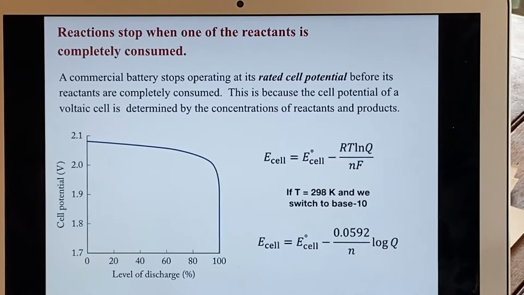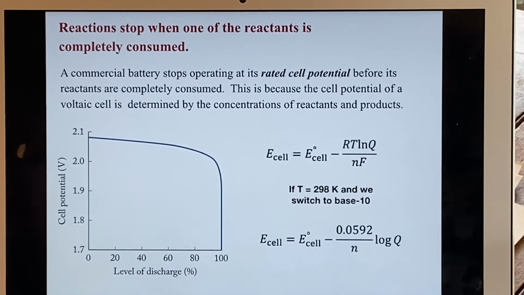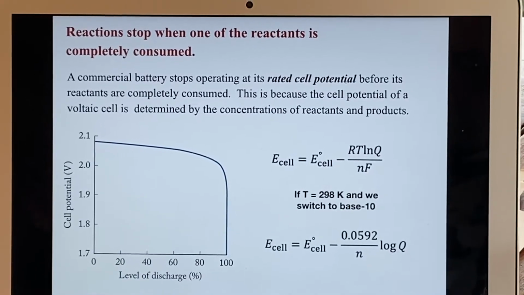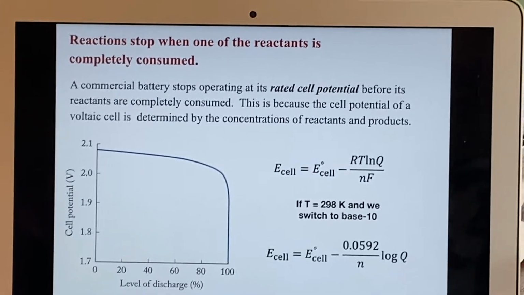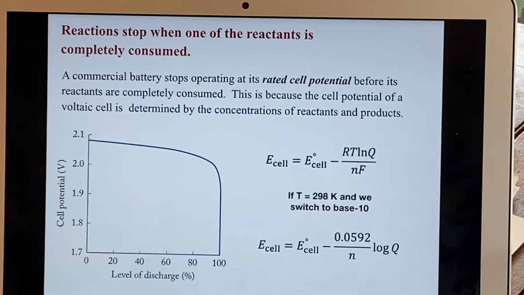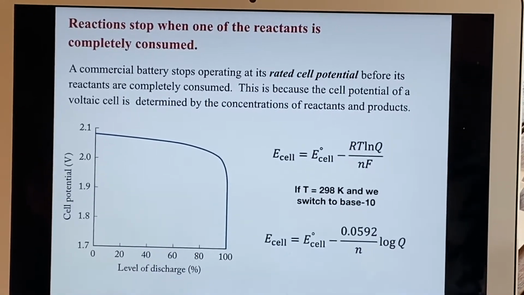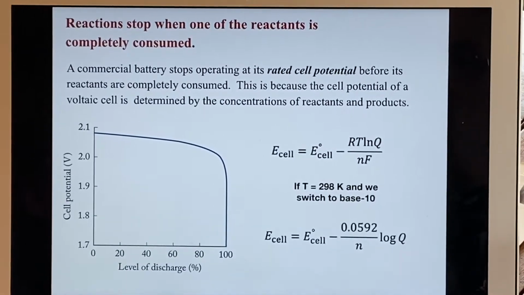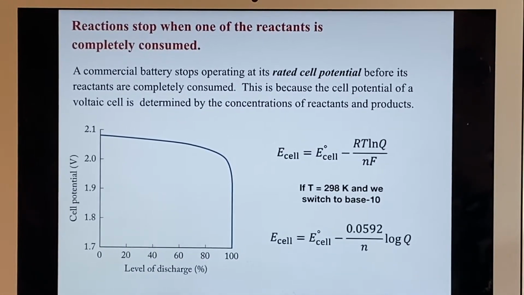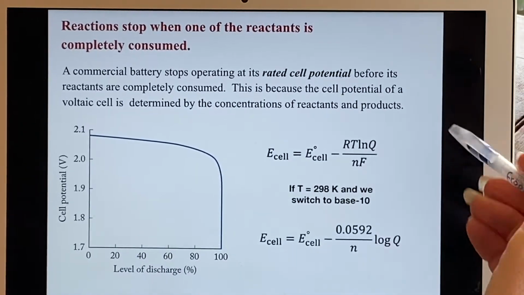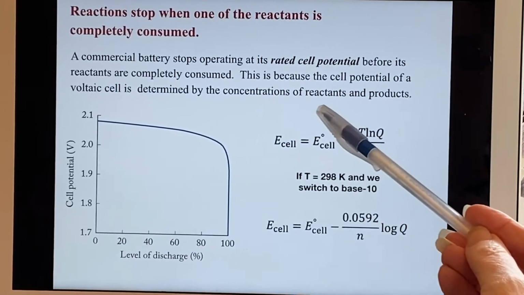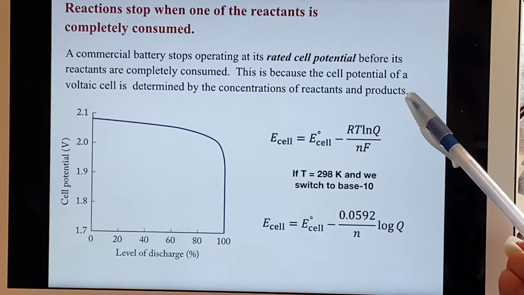The other thing that we might notice about batteries is sometimes they go dead. Why does that happen? Well, we know that reactions stop when one of the reactants is completely consumed. Now, as it turns out, with your batteries, it happens before that. It stops before everything is completely gone. That is because the cell potential is determined by the concentrations of the reactants and products.